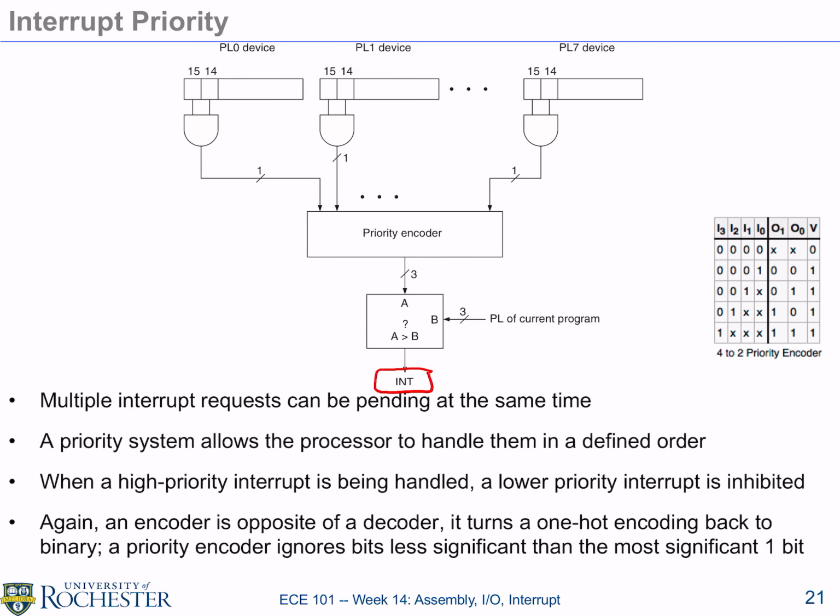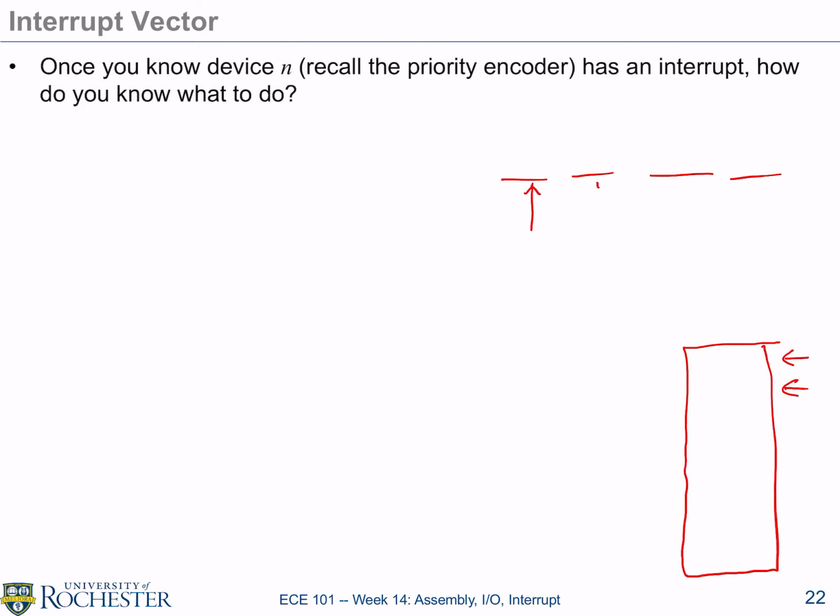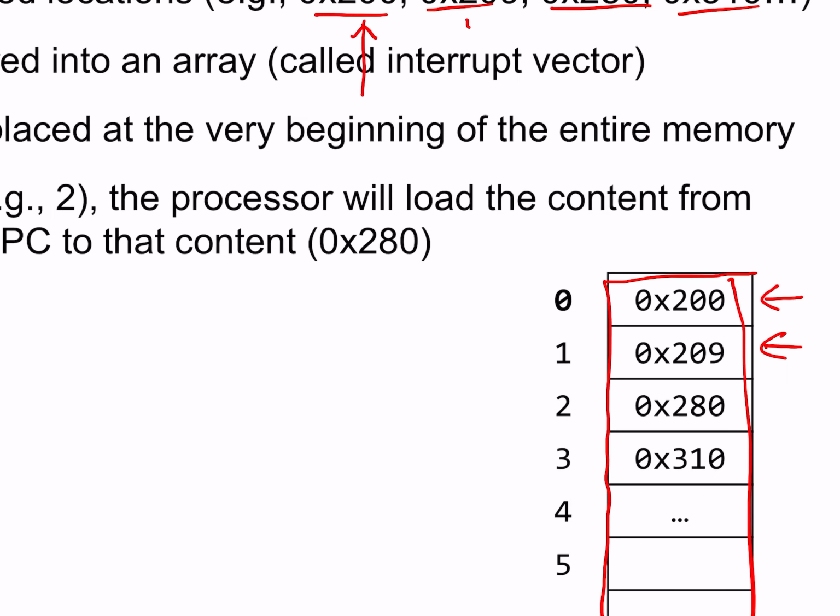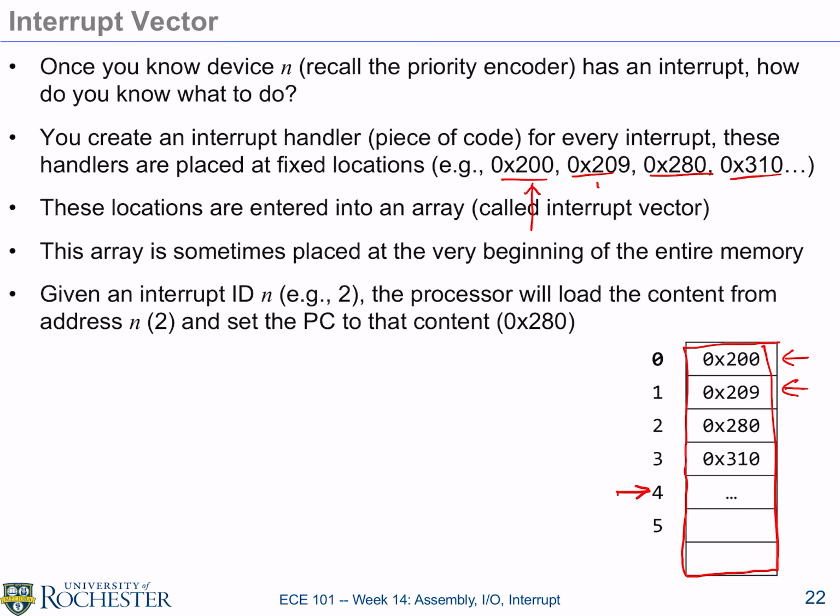So now, if we go back to think about the interrupt being sent to the processor, here I'm sending you a particular interrupt ID to say, okay, it's device 4. Now what I do is I go to element 4 of my interrupt vector, and then I say start to execute from that location. And that's really all there is to it. Usually, this is put at a very specific location, 0.